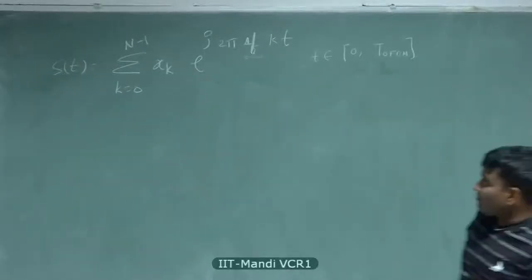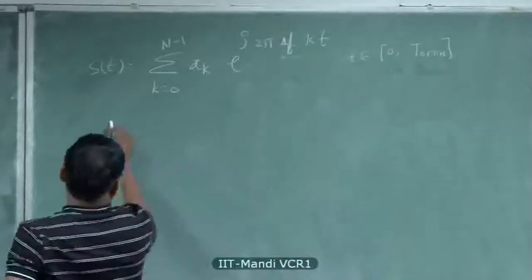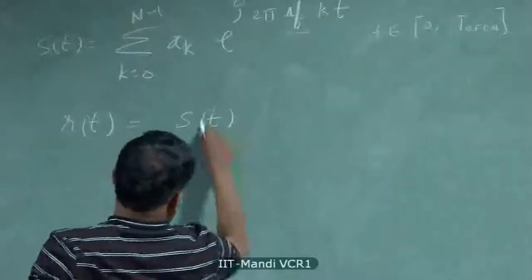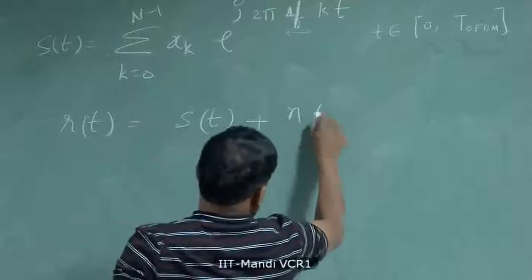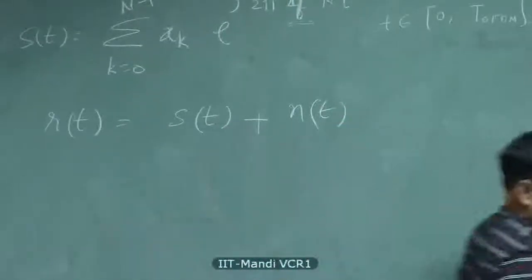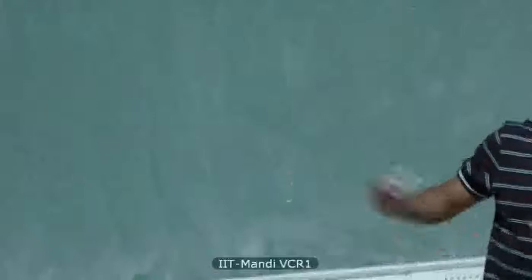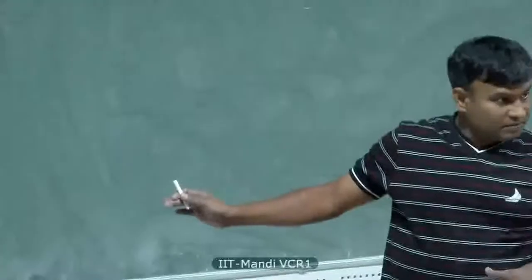So what we're going to receive here is R of t, which is the sum of S of t plus N of t. Again, this is a complete baseband representation where the noise N of t is also represented in baseband form. And you must recognize that this is the received signal at the front end portion of a receiver, which does not involve any type of filtering as yet.